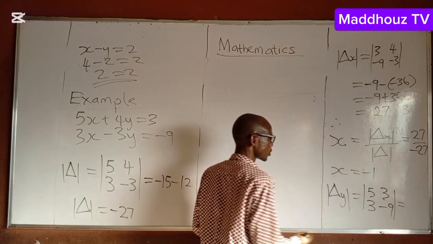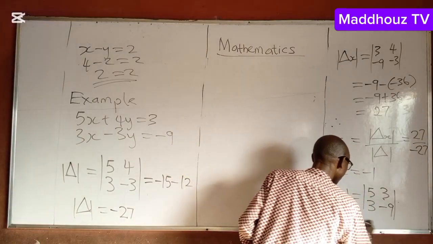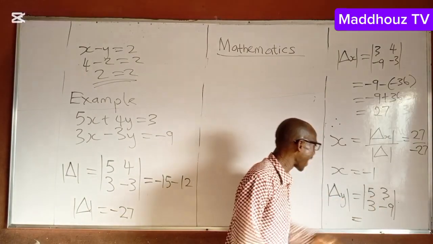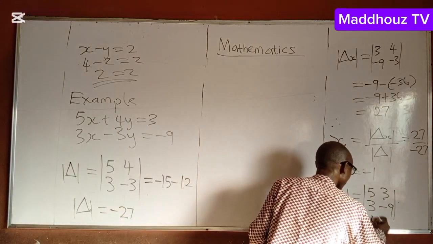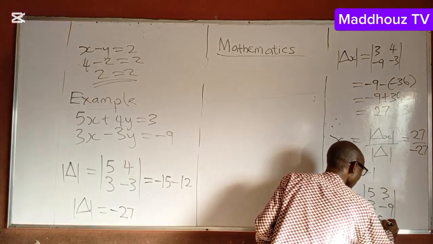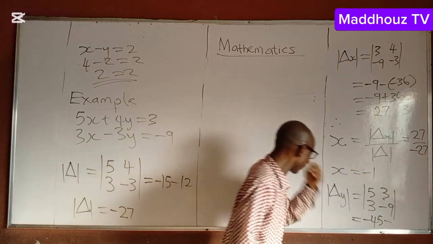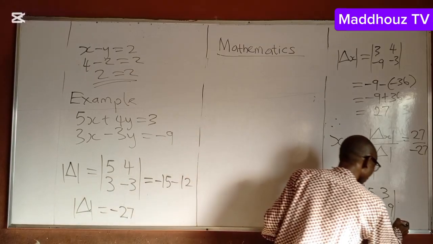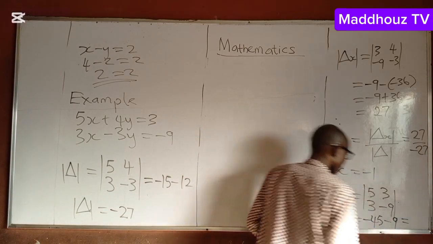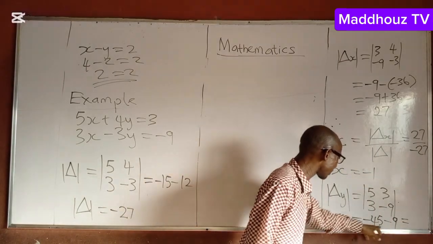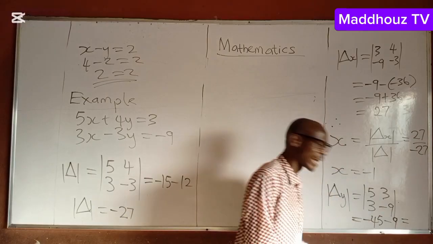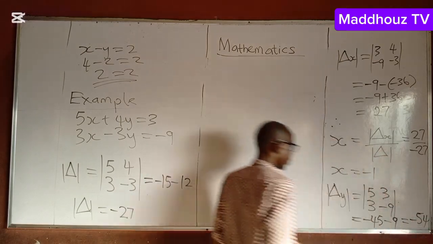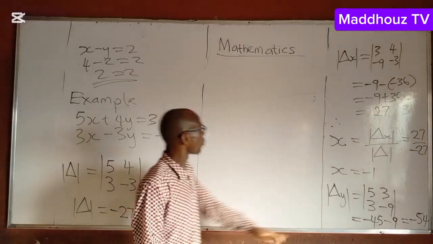So minus 9 times 5 will give us minus 45, minus 3 times 3 will give us 9. So minus 45 minus 9 will give us minus 54.